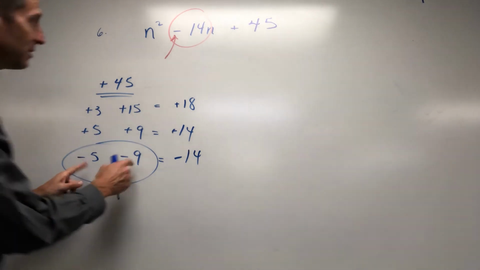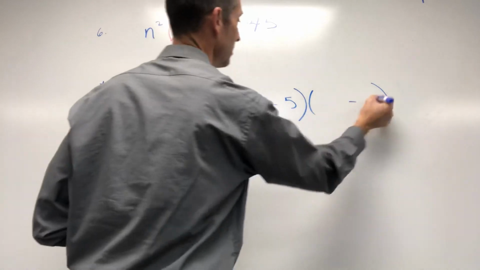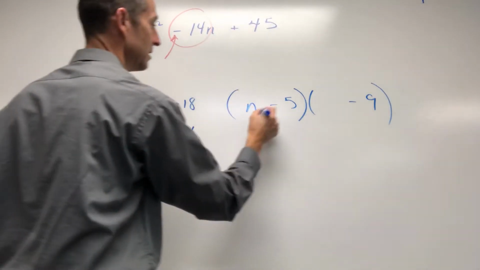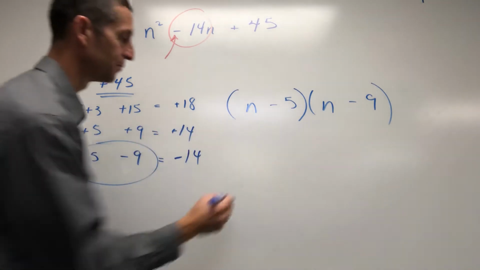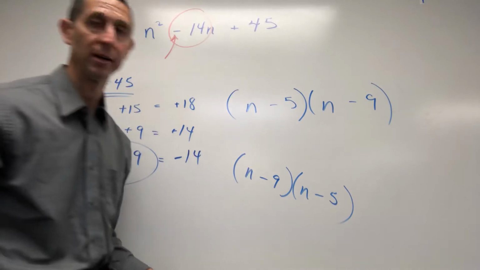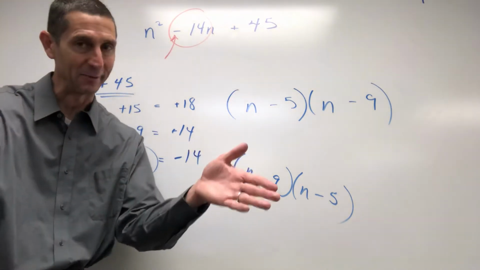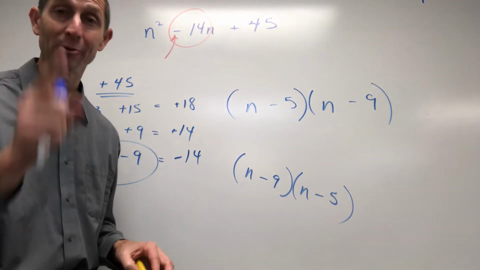Negative 5, negative 9. Here we go. Drop in my n minus 5, n minus 9. One more time too, in case you switched it. You can give your answer the other way. You could write n minus 9, n minus 5. That's fine too. Okay, that was a whole bunch of factoring trinomials.